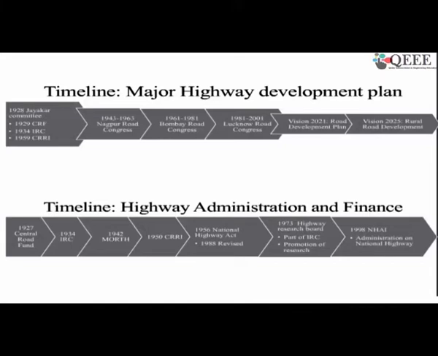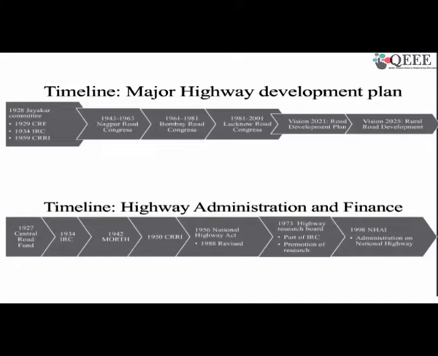Then, based on these development plans, many administration and financing systems started, the offices and other things. The first thing: a highway project is a public investment, and there is a public road which users are going to use. So we need money, and the first question is how to get that money.